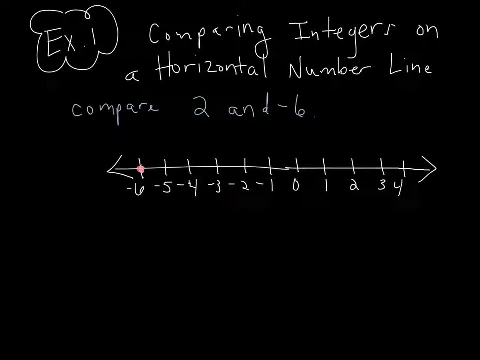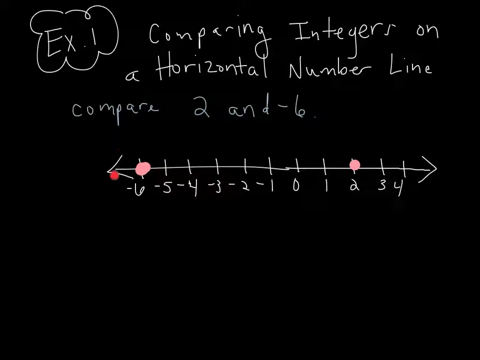If we look at where -6 is, that would be down here. So we're going to put a plotted point at -6, and then 2, because it doesn't have any sign in front of it, is obviously a +2, so we're going to put that there. We did say left is going to be least, so anything to the left will be smaller than anything to the right.